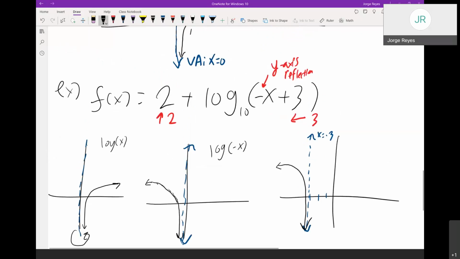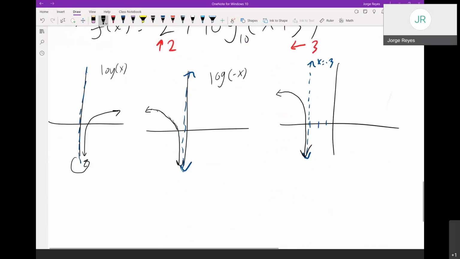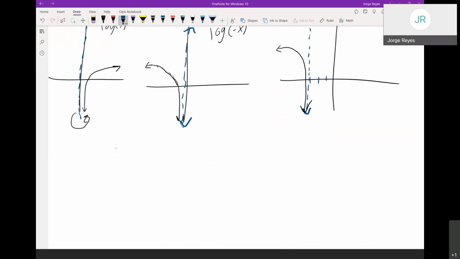Now, if you notice, I mentioned here the domain. This is the third and final rule that we will learn for domains. For domain of functions, we now have 3 rules. The first one is you cannot divide by 0.